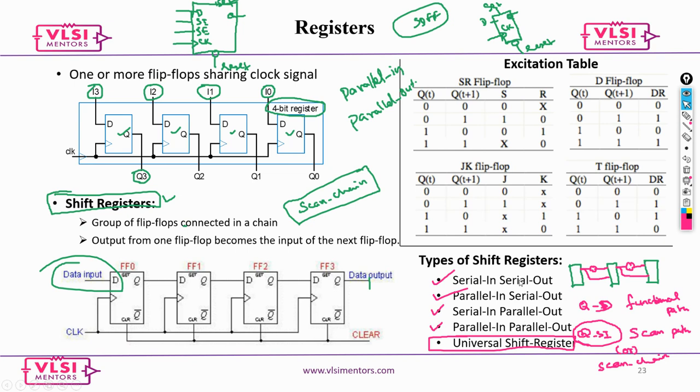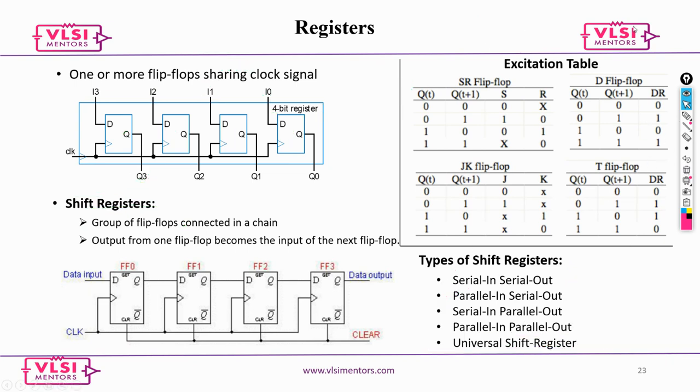Okay, give me a minute, let me just do this. Say, for example, you have a system like this. You have all your data loaded, say I3, I2, I1, and I0.